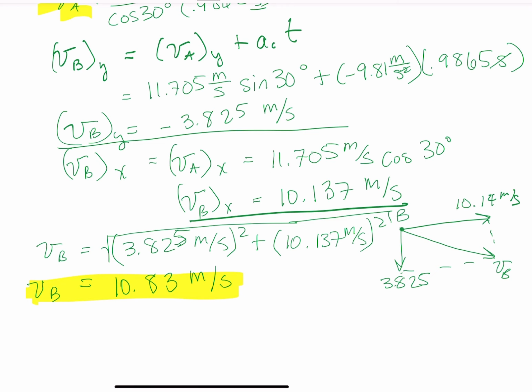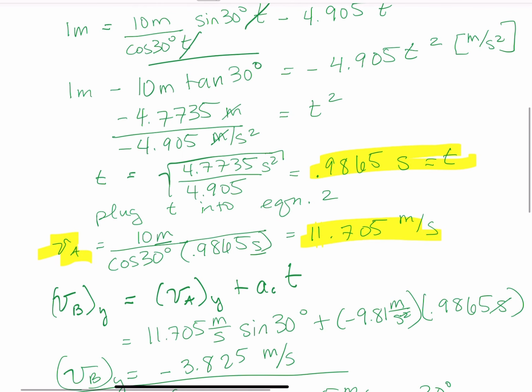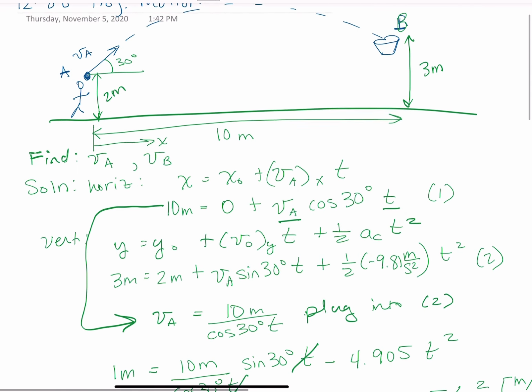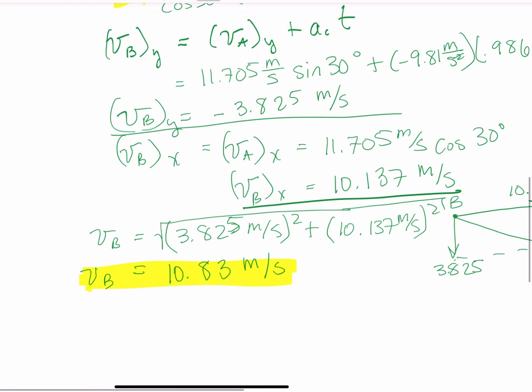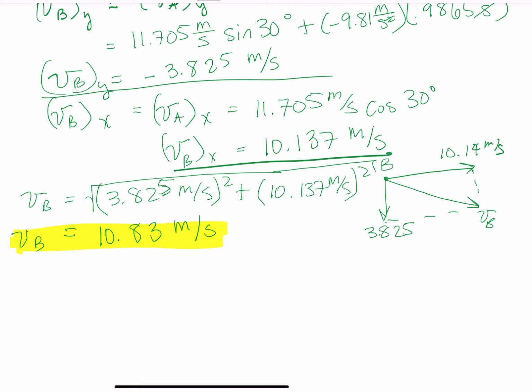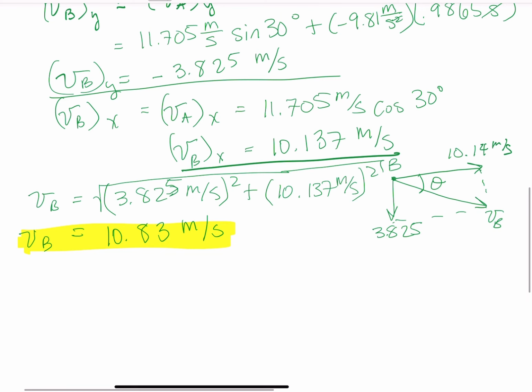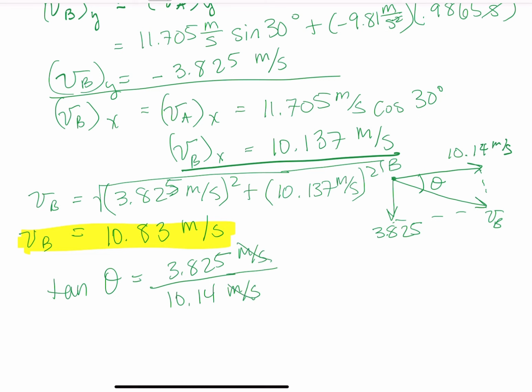So we have VA and VB. We could also determine the direction of that VB, and maybe we should do that also. So this theta here, tangent of that theta would equal, SOHCAHTOA, opposite over adjacent, so that'd be that 3.825 divided by 10.14. Those are each meters per second, so these cancel out.